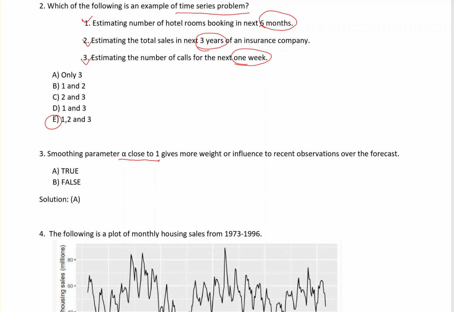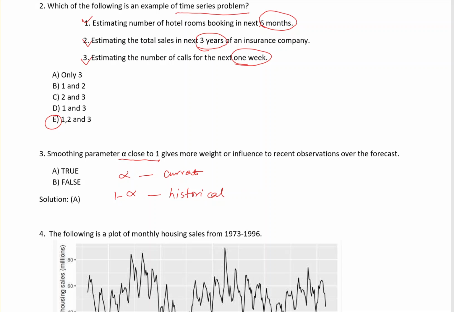We say alpha is the weight assigned to the current value, and 1 minus alpha will be the weight for all historical values.